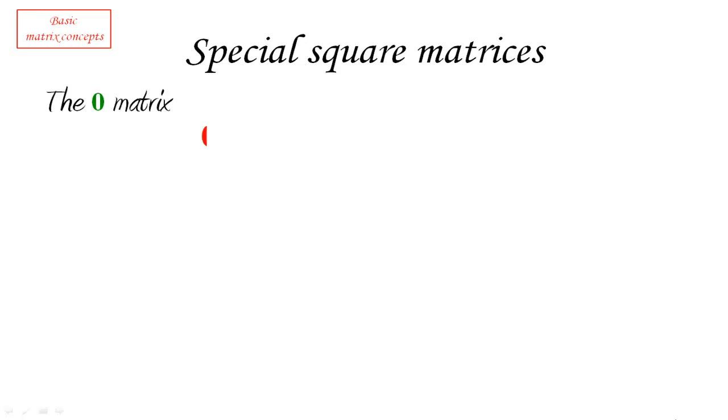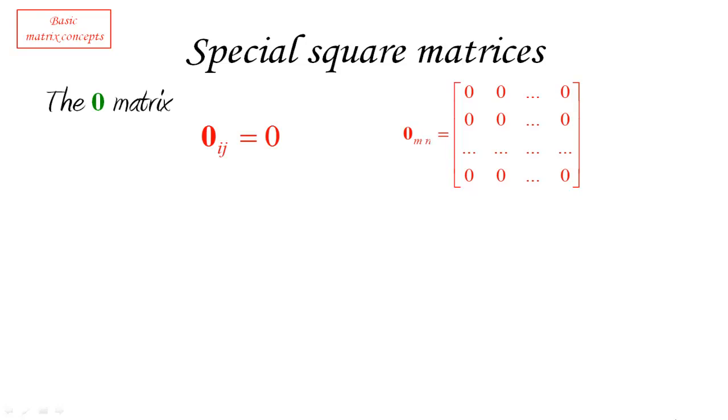Absolutely pathetic, isn't it? Obviously, the zero matrix is the one where every entry is just zero. So it doesn't matter which row or column we're in, the zero matrix is showing a zero in there. Now, because we can construct zero matrices of any dimension, sometimes, if it's important, we can add a little subscript that tells us a zero matrix of what dimension or what size.